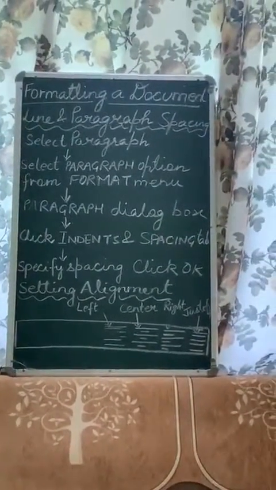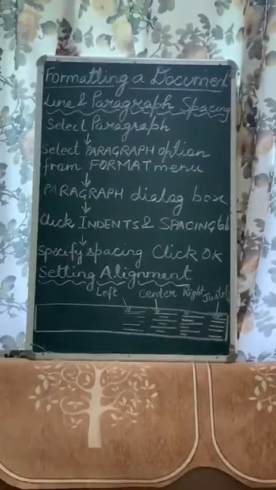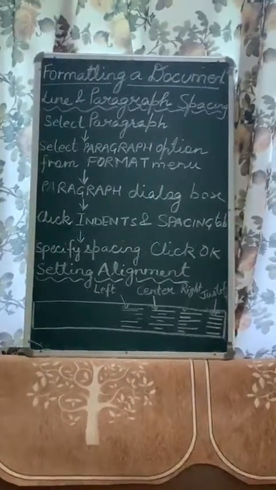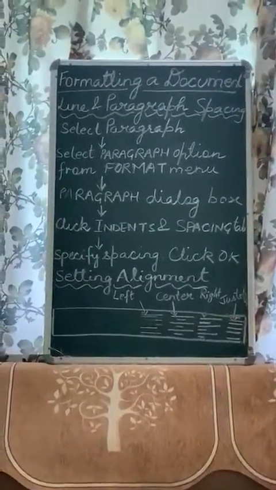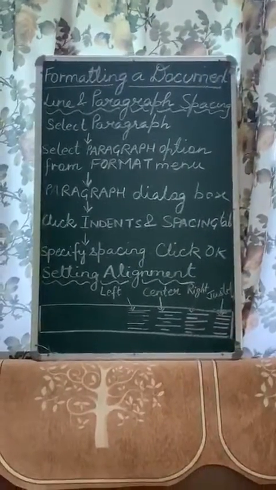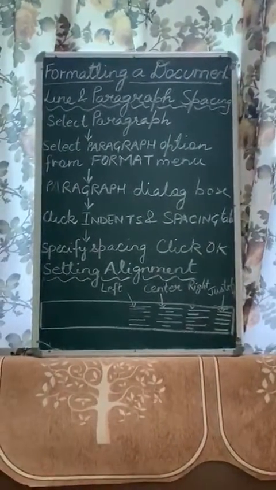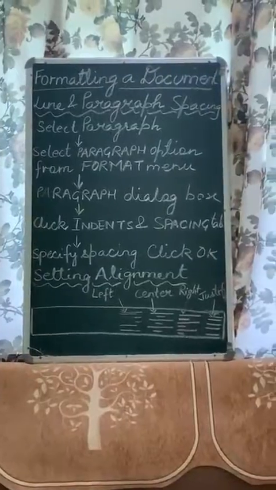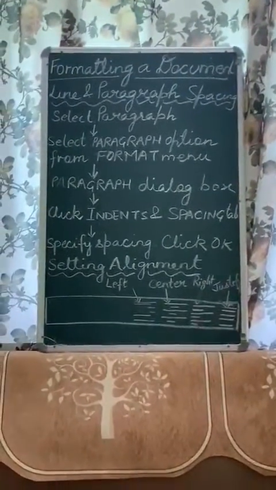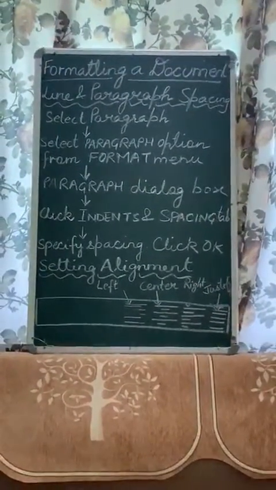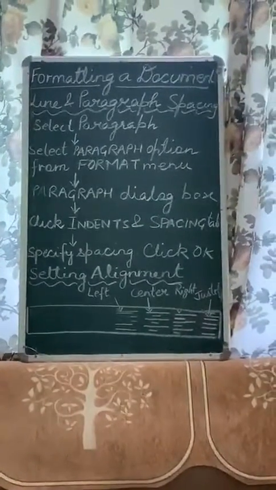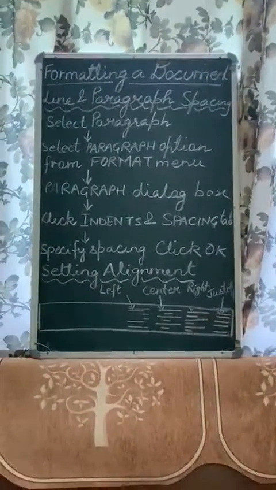Now what is the difference between line and paragraph spacing and alignment? Line and paragraph spacing are specifically done in order to make space between lines or paragraphs, while alignment is used once you have written the complete document and want to shift the entire text all at once.